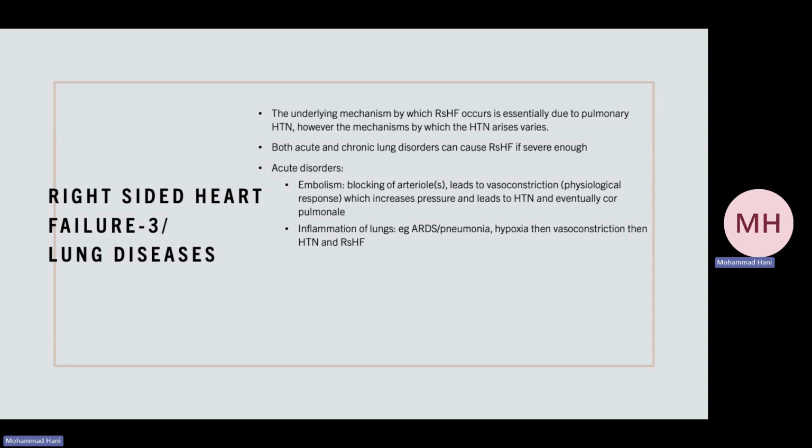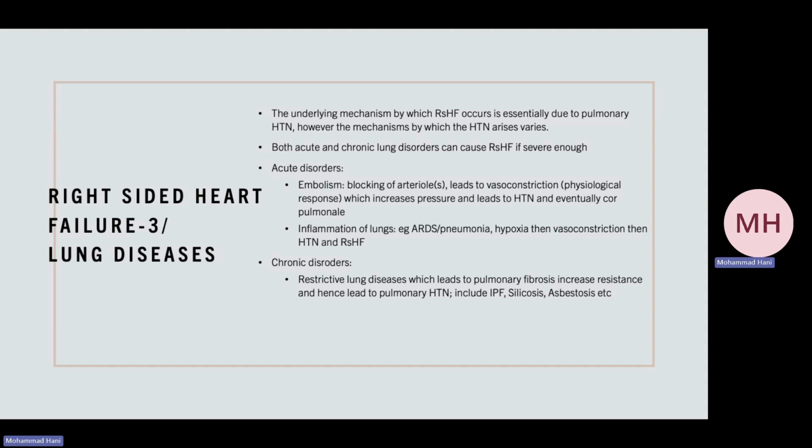Inflammation of lungs, such as acute respiratory distress syndrome, pneumonia, basically hypoxia, and then the response to hypoxia is also vasoconstriction. Vasoconstriction leads to hypertension, and hypertension leads to right-sided heart failure. Restrictive lung diseases can lead to pulmonary fibrosis.